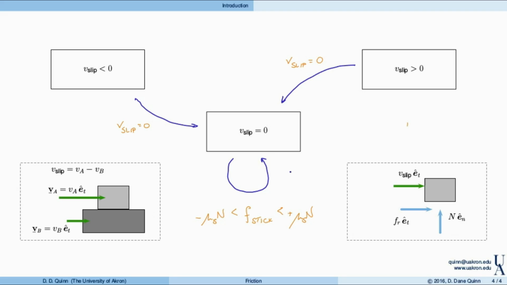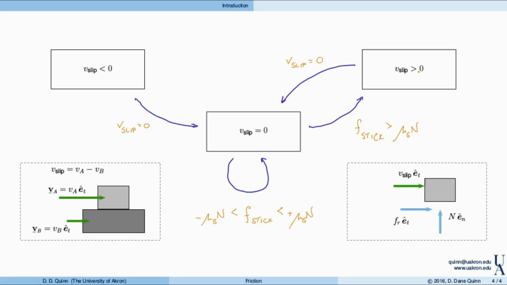However, what if it's outside this interval? Well, we begin to slip to the right whenever the sticking force is greater than mu s times N. Again, if the sticking force is too large, that's the force that would be required to maintain stick, then this friction force can't quite meet that, and as a result, it's not large enough, and the block begins to slide to the right.